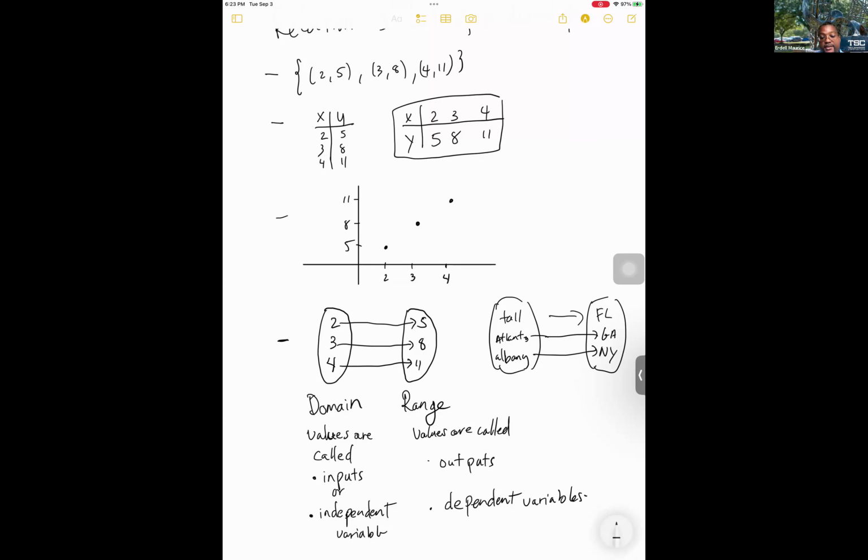We have come across the idea of independent and dependent variables when we were talking about our equations last week. Questions there about the information? So you have your domain, you have your range. The domain are your values, are your inputs, are your independent variable. Your range are your outputs or your dependent variable.